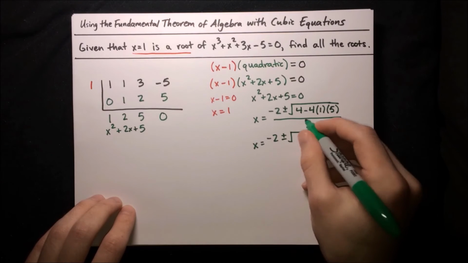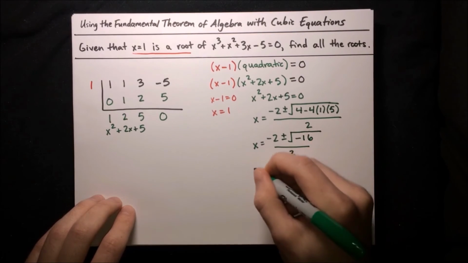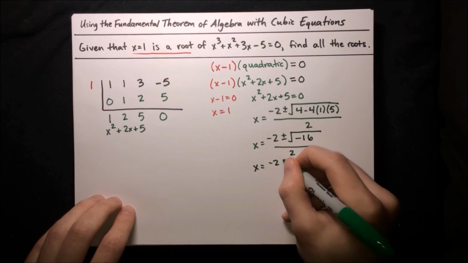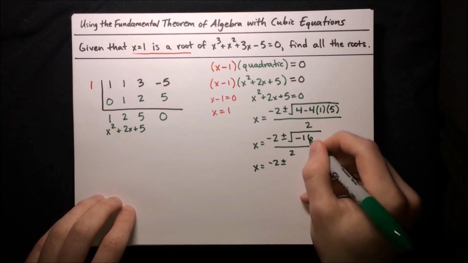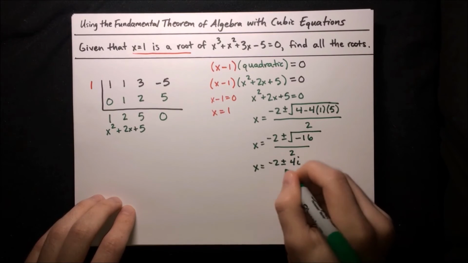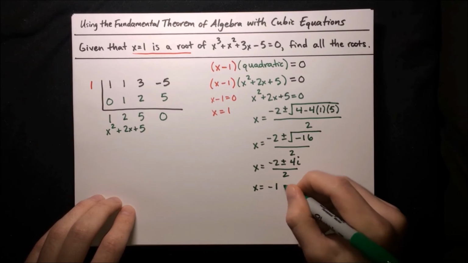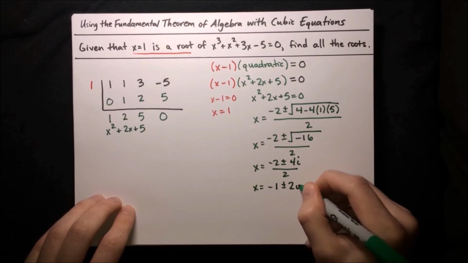So the root of 4 minus 20, the root of negative 16, all over 2. So x equals negative 2 plus or minus, well, the root of 16 is just 4, but we've got a negative in there, so i, all over 2. So x equals negative 1 plus or minus 2i.